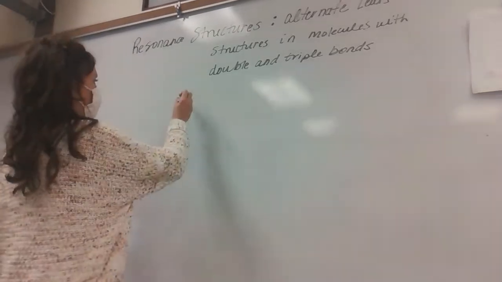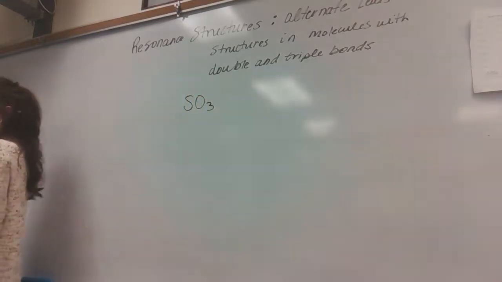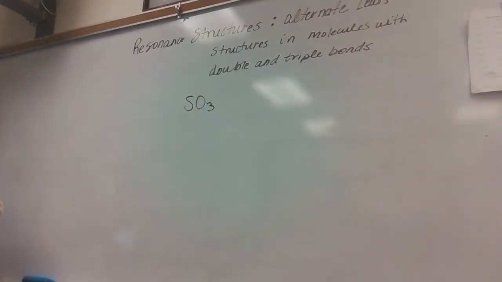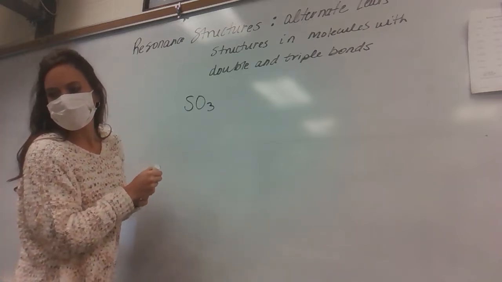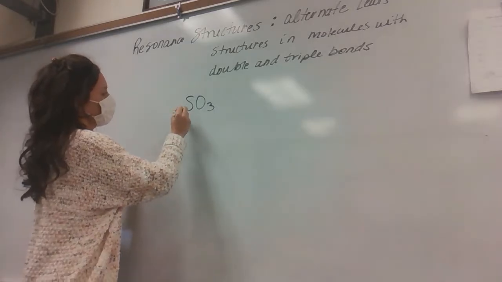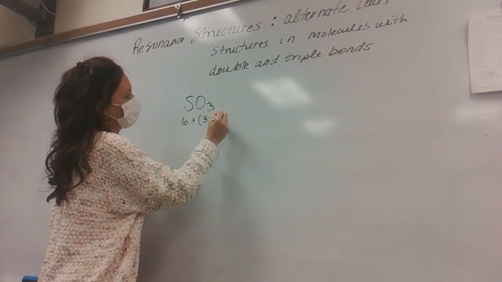Example, sulfur trioxide. We're going to draw that Lewis structure. So sulfur trioxide, 6 for sulfur, 3 oxygens with 6 each.